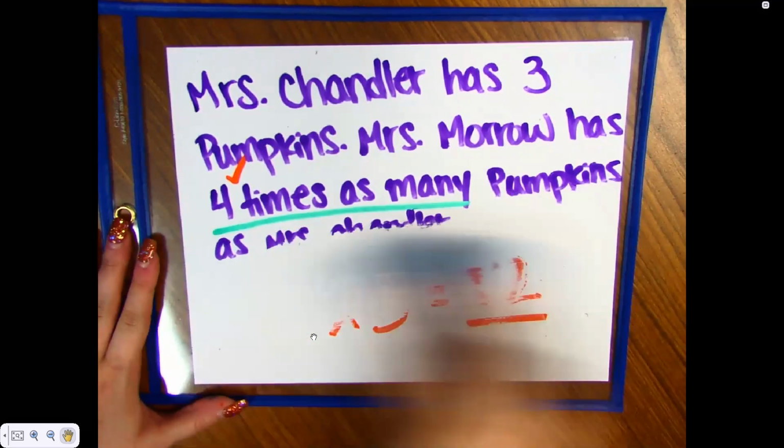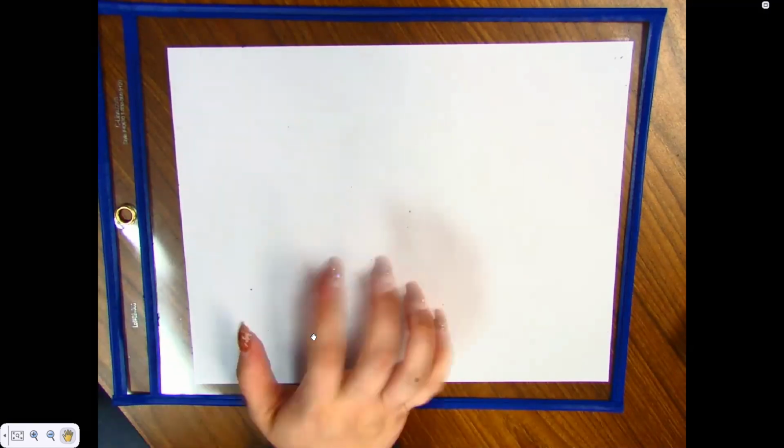Okay, so I want you to find something to count with. Find 10 objects. Find 10 things you can count with, 10 objects that are laying around you.